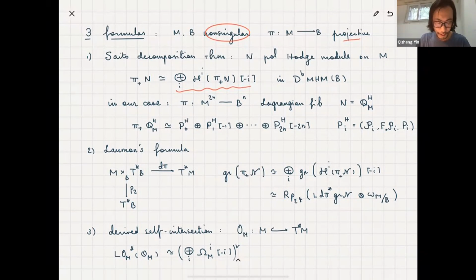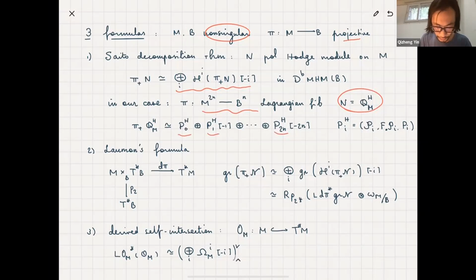So in our case, I have this Lagrangian fibration from M to B, and then I just take the constant or the trivial Hodge module. This will give me a decomposition of the push forward into 2m plus 1 Hodge modules.